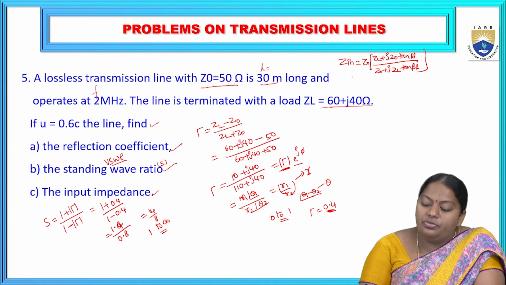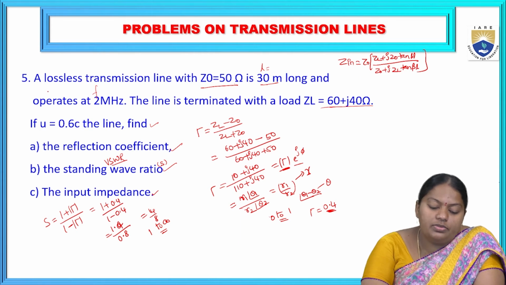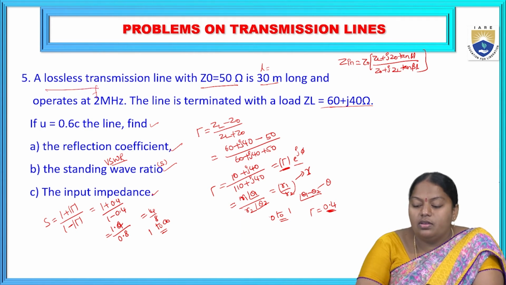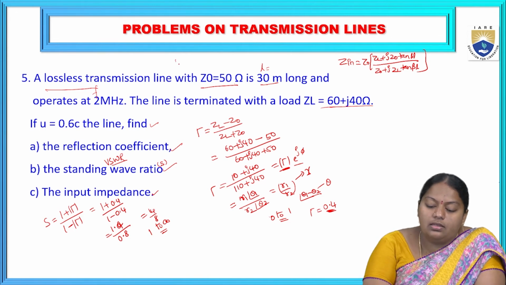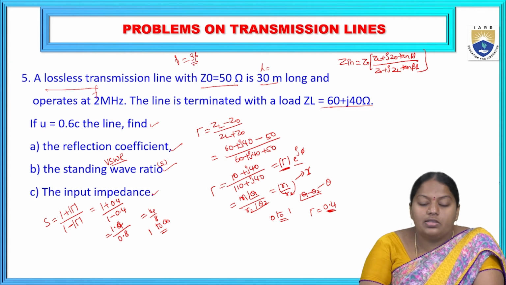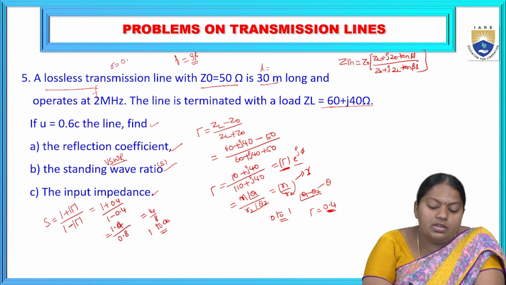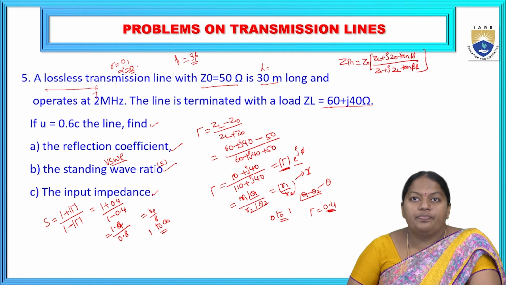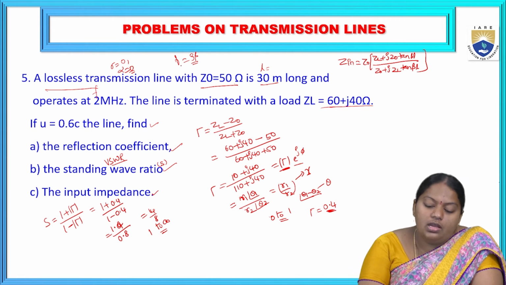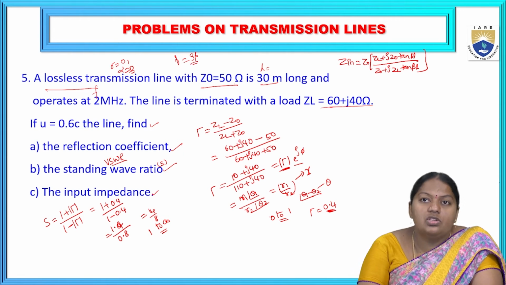Why have we considered a lossless transmission line? The given type of transmission line is lossless. Hence we are replacing gamma by j beta. As we know, for a lossless line the sigma value is equal to 0. If sigma is 0, the attenuation constant alpha is assumed to be 0. So gamma is replaced by j beta.